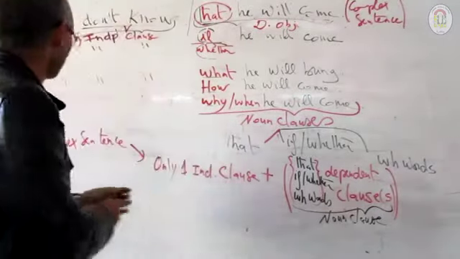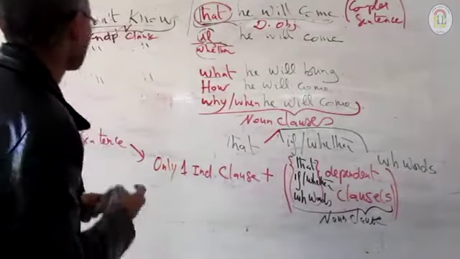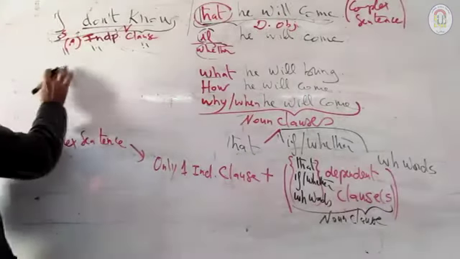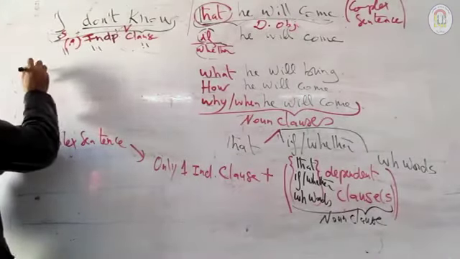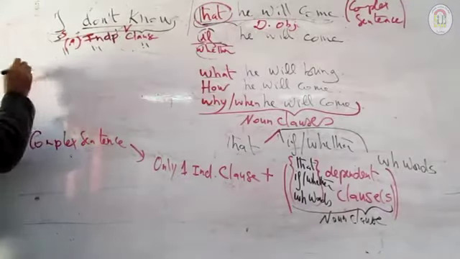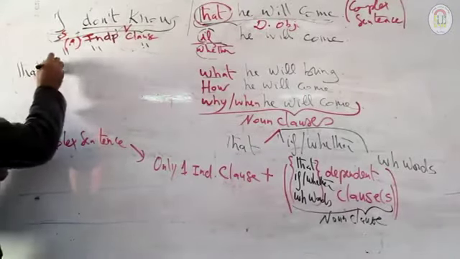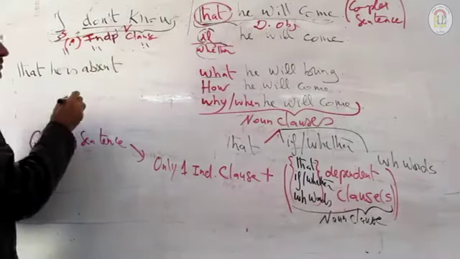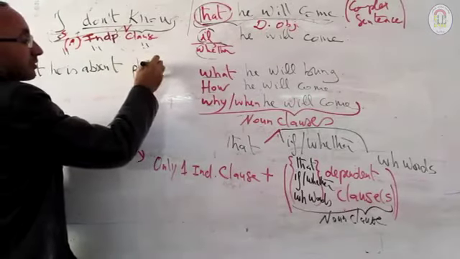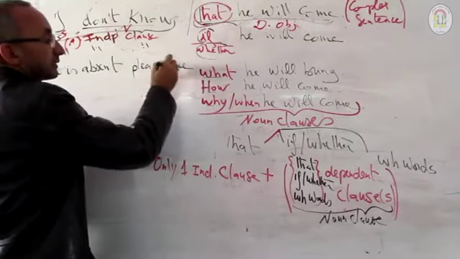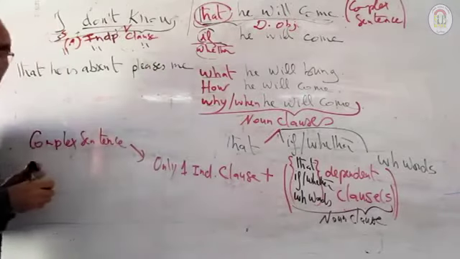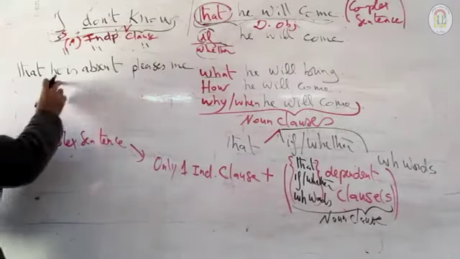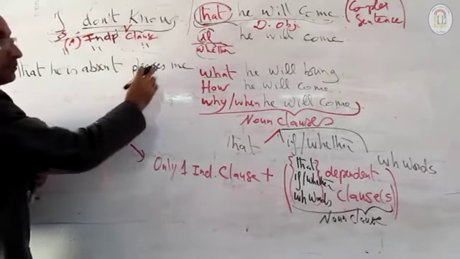For instance, we write for example: that he is absent pleases me. Right. Pleases me. Or that he is absent is my wish.